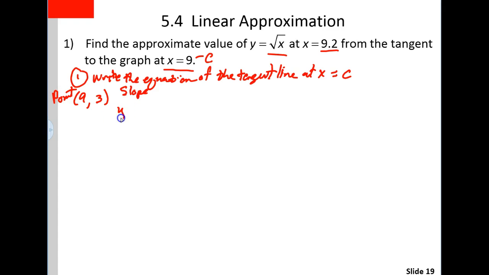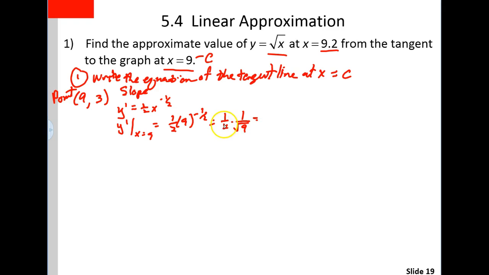Obviously, y is root x, so y prime is 1/2 x to the negative 1/2, right? Which means that y prime evaluated at x equals 9 is going to be 1/2 times 9 to the negative 1/2. Now, what does 9 to the negative 1/2 mean? Well, 1/2 times 1 over the square root of 9.